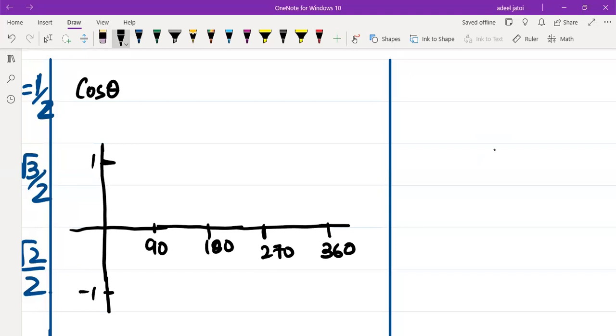This is 1 and -1. So cos 0 is 1, cos 90 is 0, cos 180 is -1, 270 is 0 and 360. You can put down this thing in calculator, you will get the value that cos 90 is 0, cos 180 is -1, cos 270 is 0, cos 360. Your diagram goes like this. This is your original cos complete diagram of one cycle.